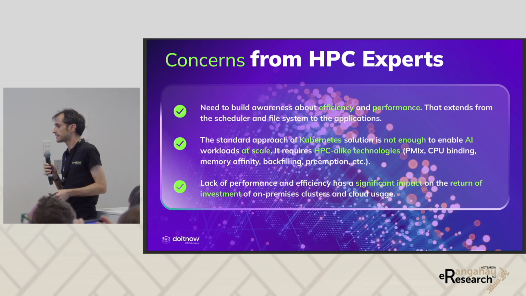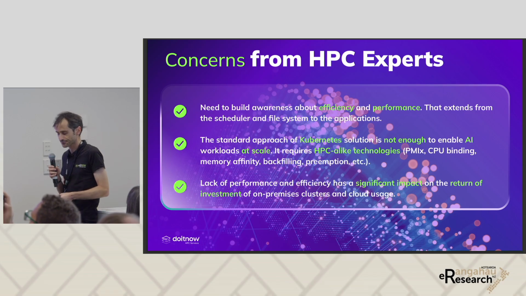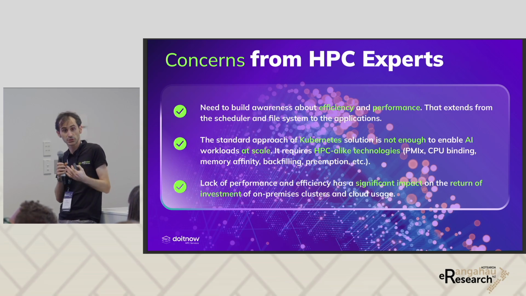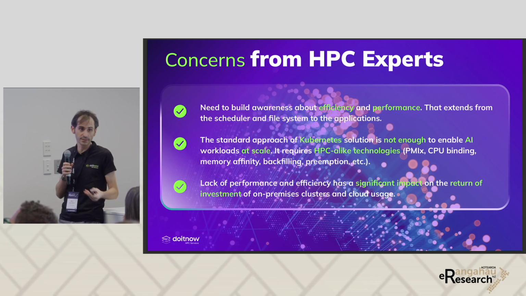For example, the lack of native capability to expose CPU topology, memory affinity, and efficient distribution of tasks across large nodes, thinking of MPI jobs here, but also capability in terms of scheduling jobs. Here I'm thinking about, for example, the advanced scheduling policies in Slurm, such as backfilling, preemption, and the like. All of these aspects in a native Kubernetes environment are not really ready out of the box and available to users.